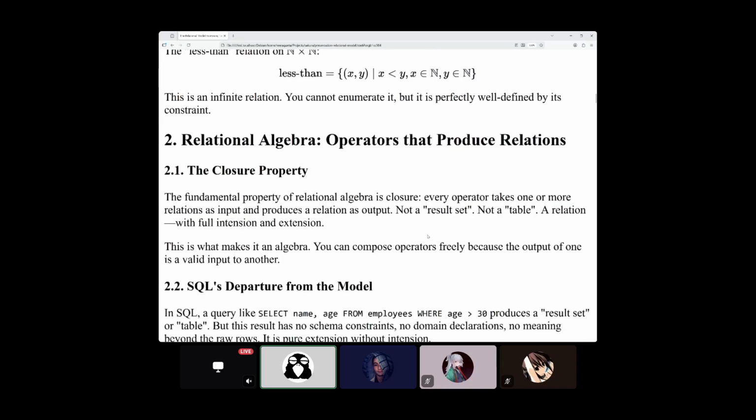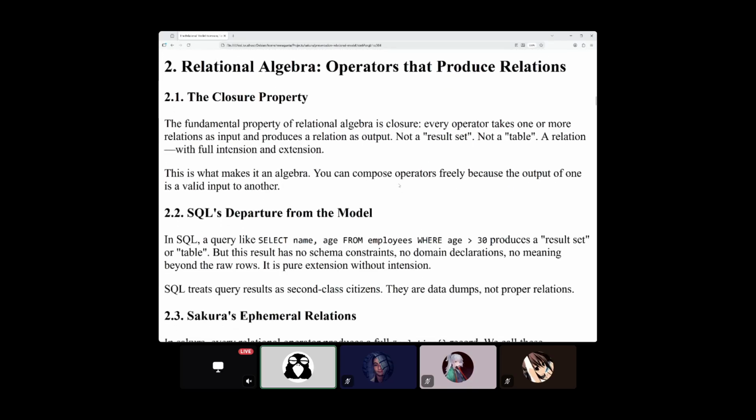Okay, so let's continue. We're talking here about essentially a closure. When we are talking about relational algebra, people have the impression of the SQL stuff, because at least when they learn, that's how I learned.